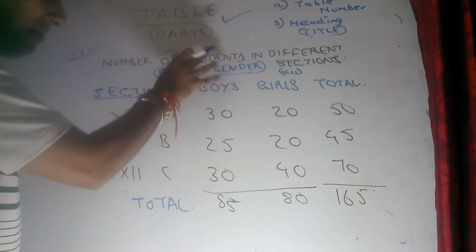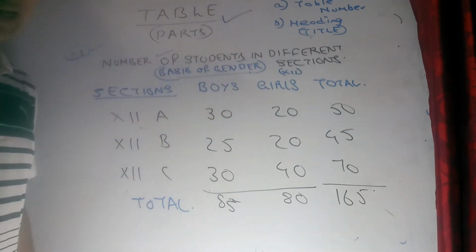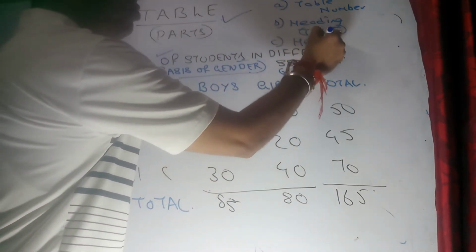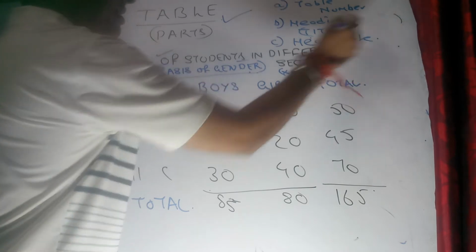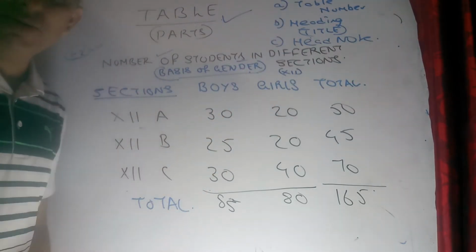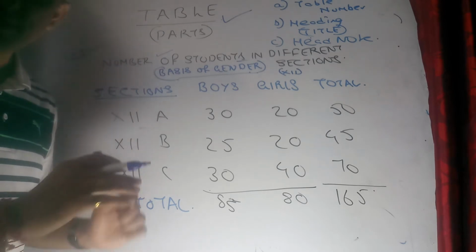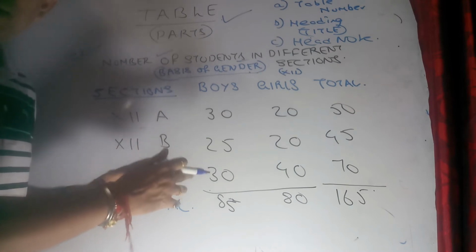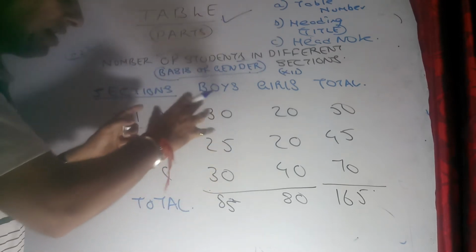If you have anything to support this title, it can be called a head note, like we have on the basis of gender or class 12. That is the head note for this one.